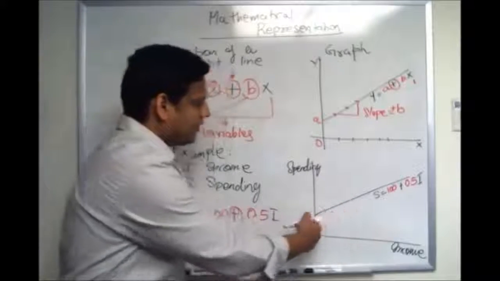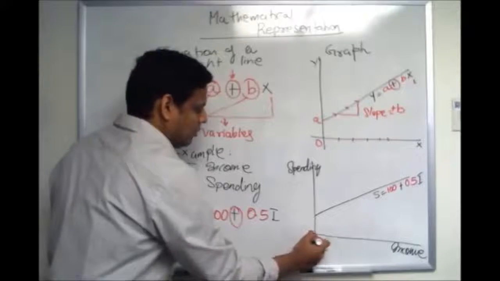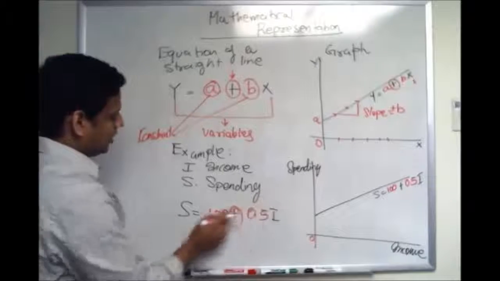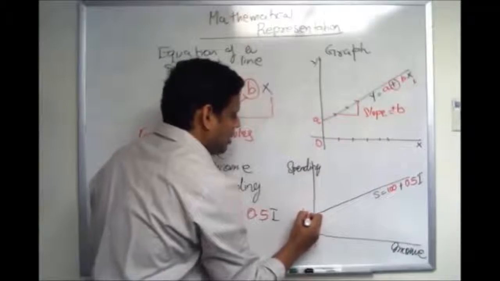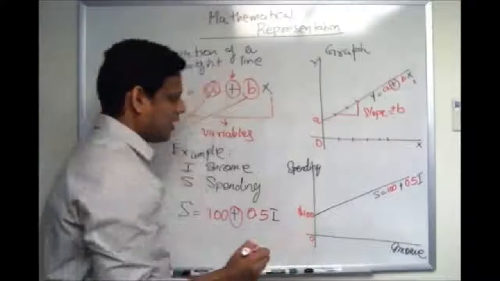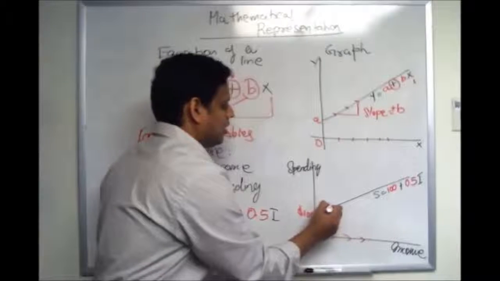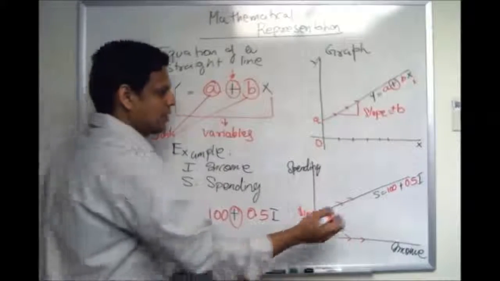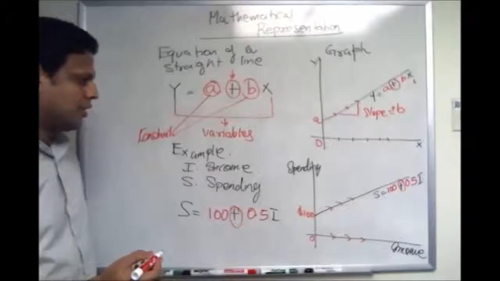In terms of a graph, it's a straight line. When income is 0, let's consider that first, the spending will be 100. So when income is 0, you would spend $100. Then as you make more money, as the income goes up, the spending also goes up, which is represented by this positive sign, meaning spending and income are positively related.